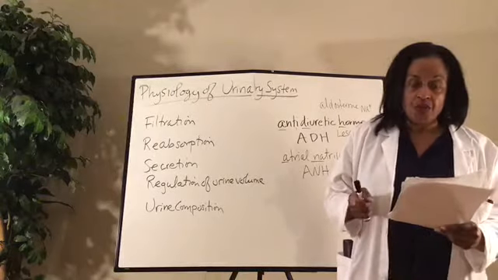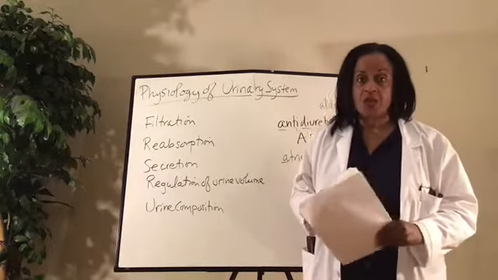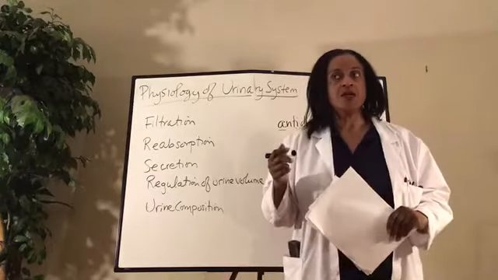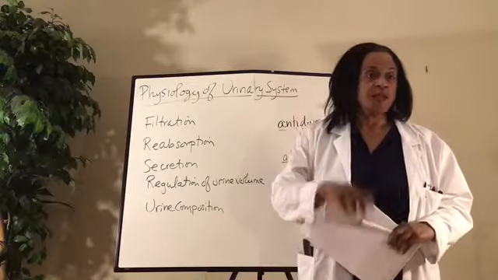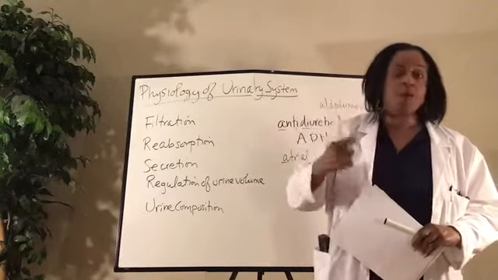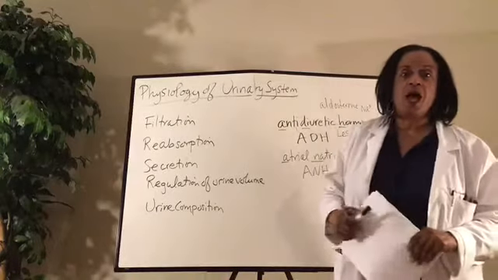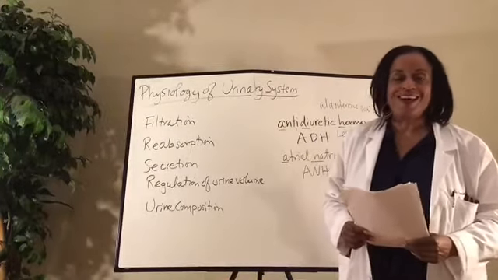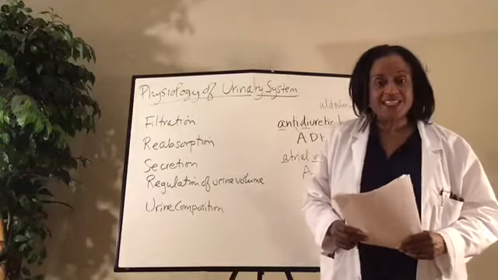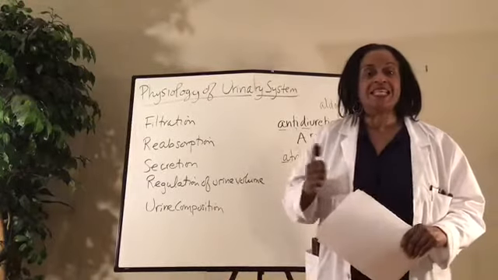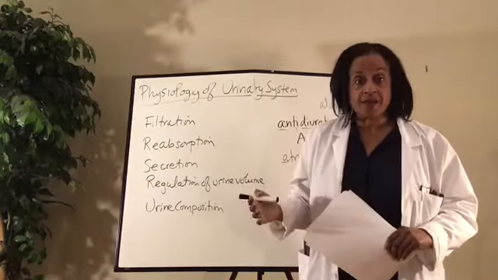Glucose should not be in the urine. Albumin should not be in the urine under most circumstances, but it can normally be in there if you are pregnant. You can have some albuminuria. Casts should not be in the urine. That is an indication of bacteria.